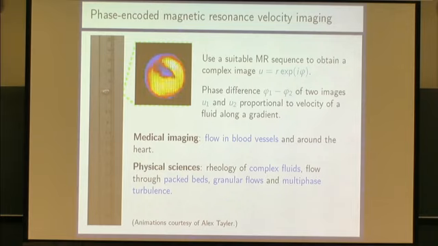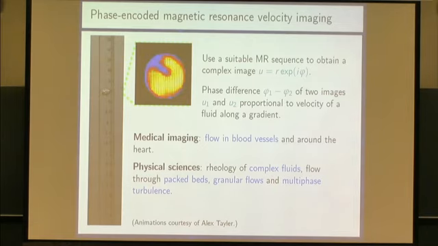Here we see a fluid flowing in a tube and a bubble there, and we can study the behavior of the fluid around the bubble and the movement of the bubble by studying the velocities of the fluid in the tube. These are applications in chemical engineering, studying all kinds of packed beds and so on, and also in medical imaging, in the imaging of blood flow in the body.